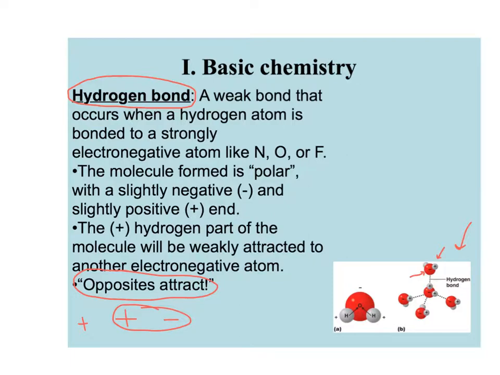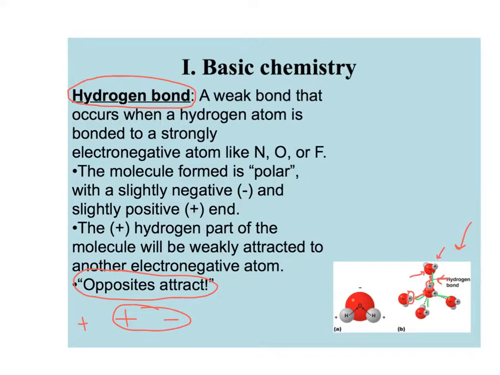So water molecules tend to sort of stick together. And they do that with hydrogen bonds, because the positive side of the water is attracted to the negative side of another water molecule. Same thing with this one. The positive side of this water molecule is attracted to the negative side of that water molecule, so they tend to all weakly bond together.